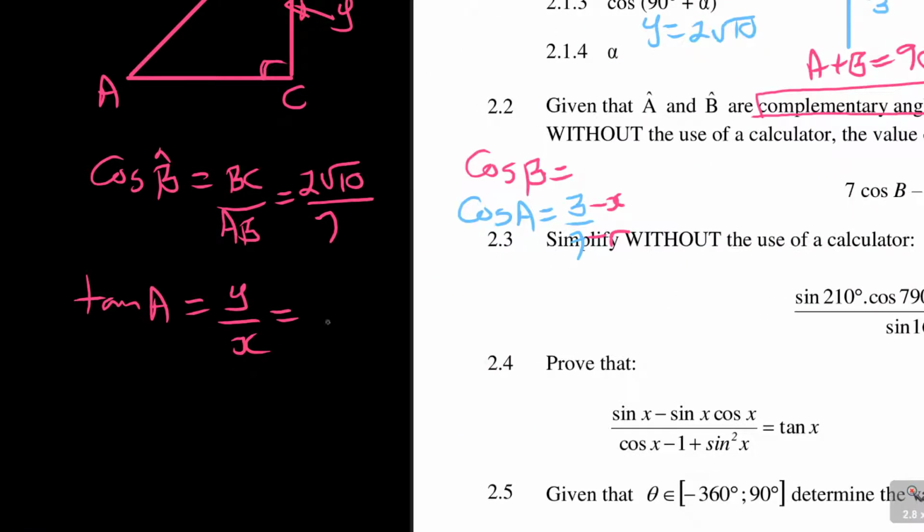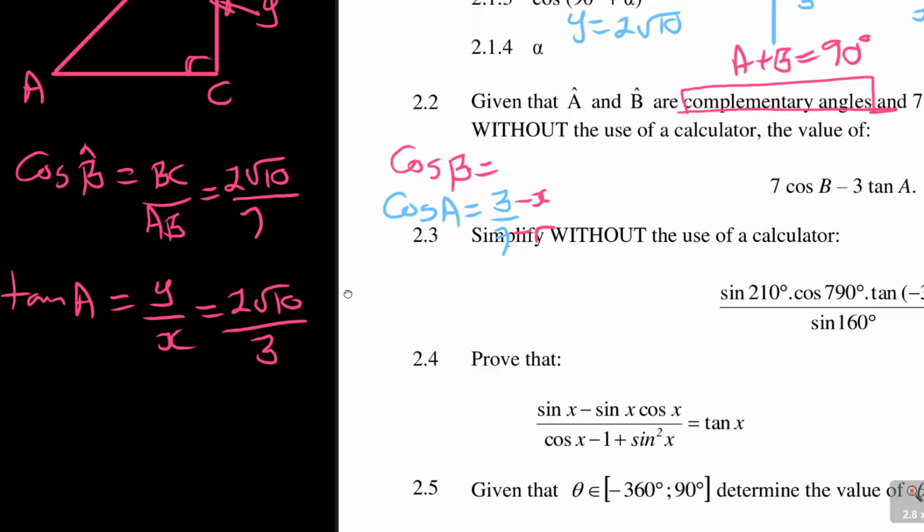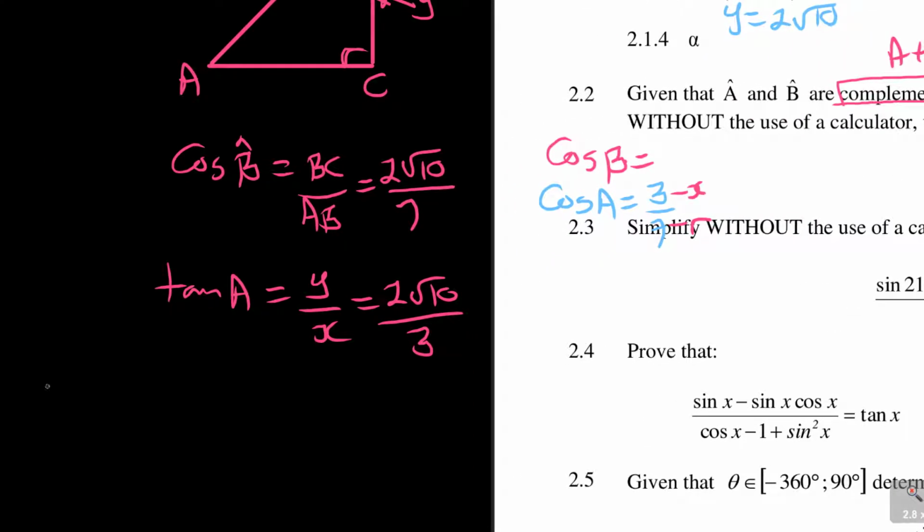So it's 2√10/3. So now if they say here 7 cos B minus 3 tan A, so if I write that, 7 cos B minus 3 tan A is equal to 7.